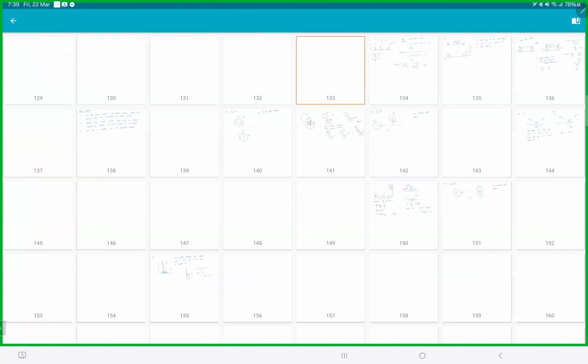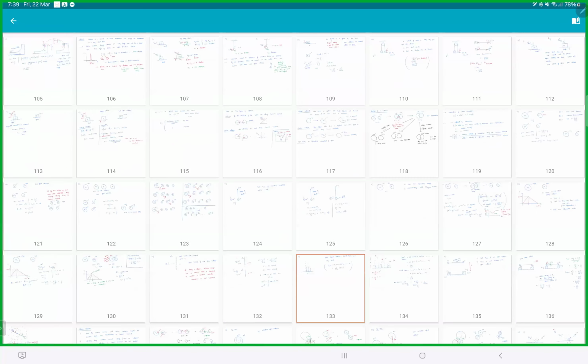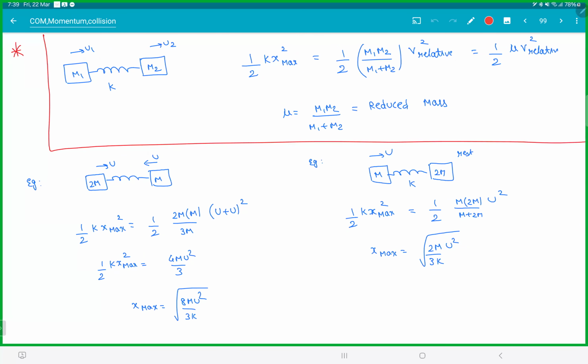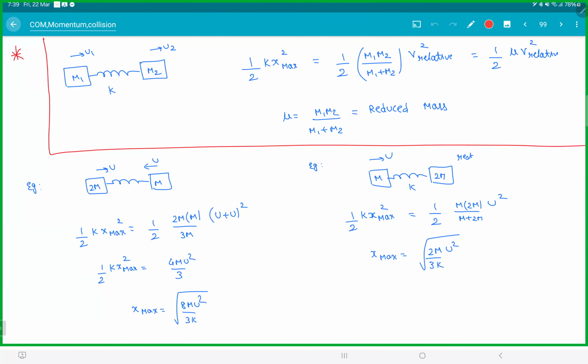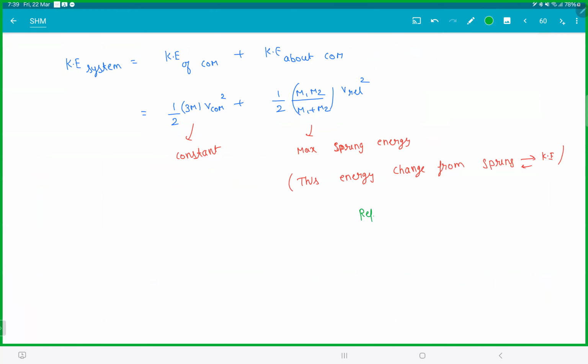And in case you forgot how we got that, center of mass collision, page 99. That's your energy there. So basically, you can split the energy into two parts: a constant energy, kinetic energy of center of mass, and about center of mass.